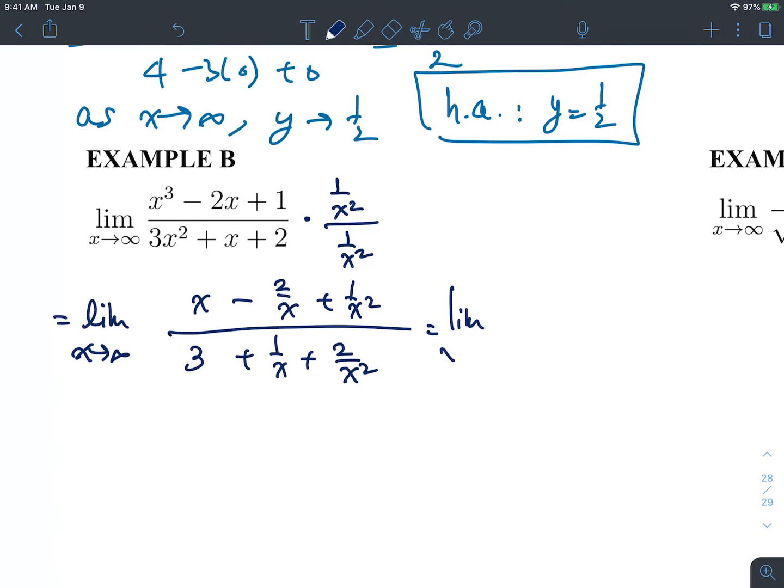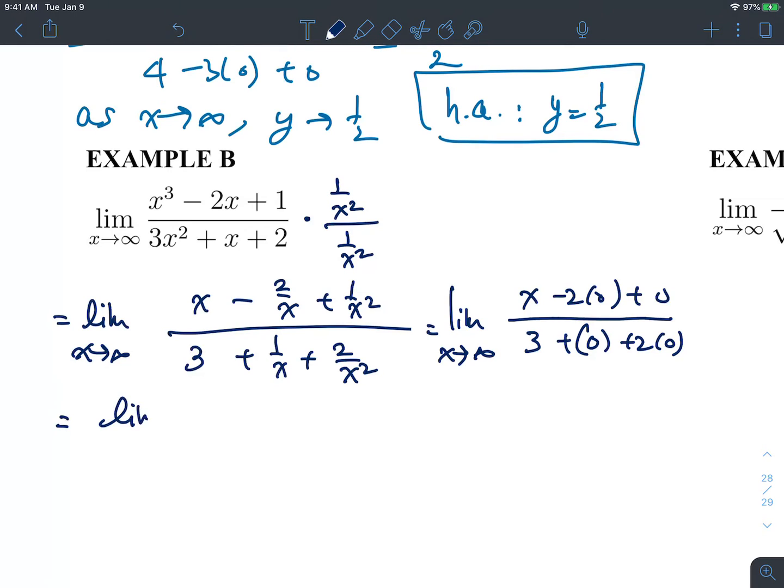Limit as x goes to infinity. That's x minus twice the 0 plus a 0, over 3 plus a 0 times twice the 0. And that's going to give you, if you look at it, the limit as x goes to infinity of 1/3 of x. And as you know, that's just a line.